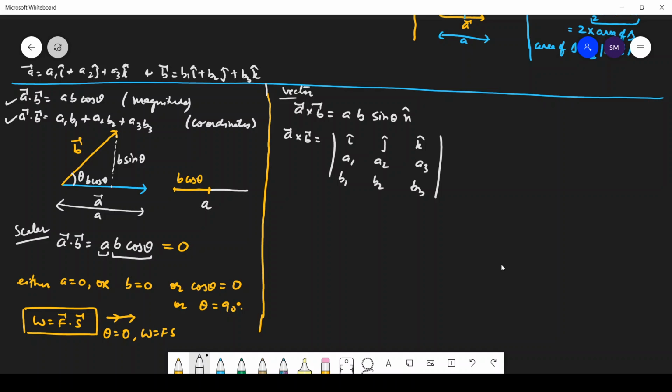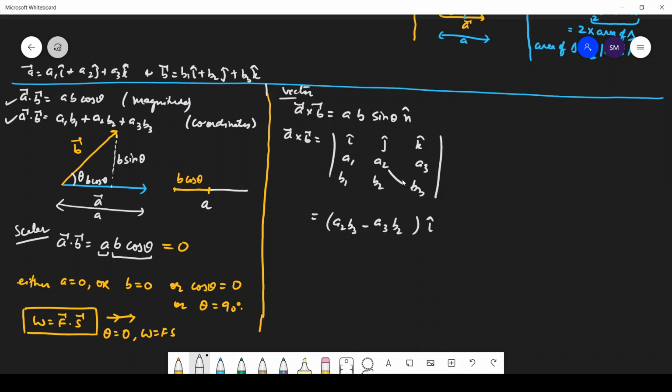Then I told you how to write it further. If we are writing the i coordinate, hide the i column and take A2 B3 minus A3 B2.